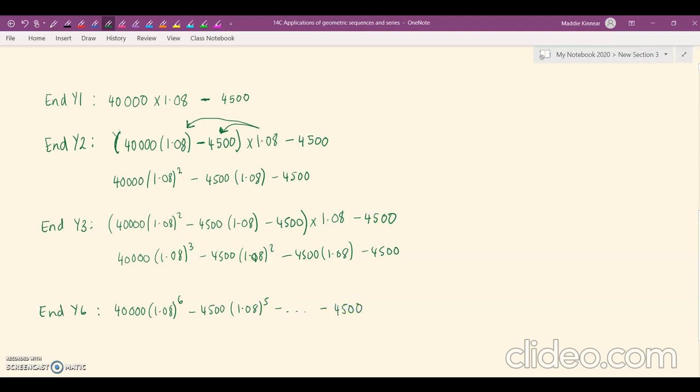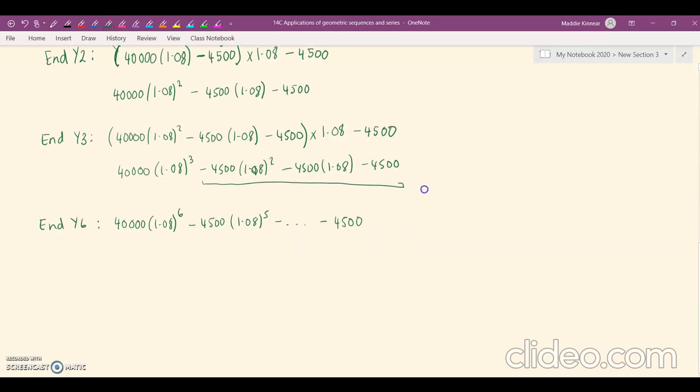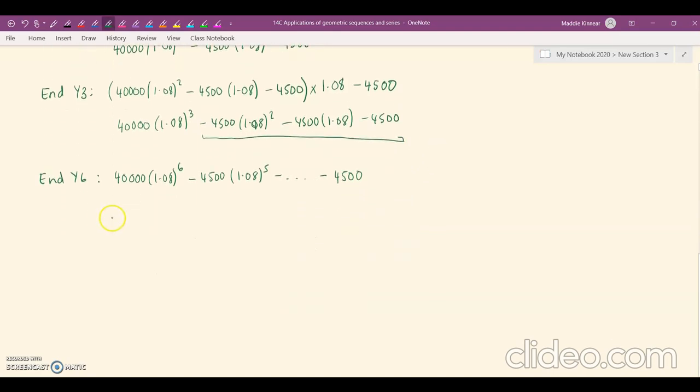And you can see there is a pattern here, and it only occurs with these 4,500s. So what is actually happening here is we are doing 40,000 times 1.08 to the power of 6 minus, if I pull the negatives out from all of this, 4,500.